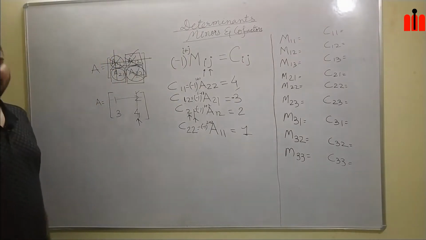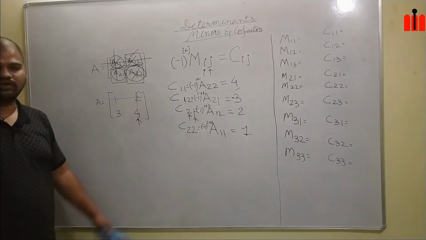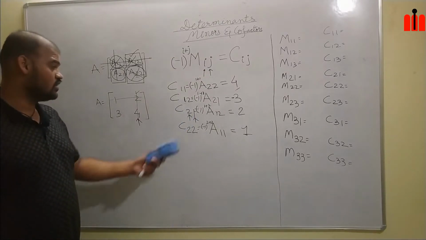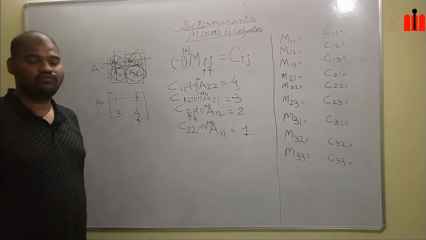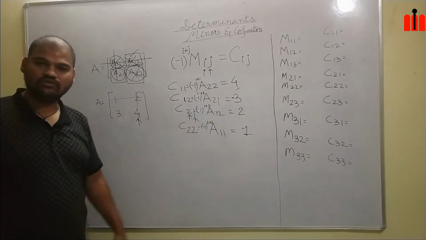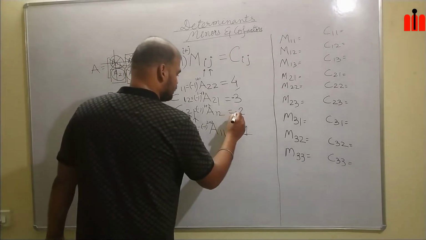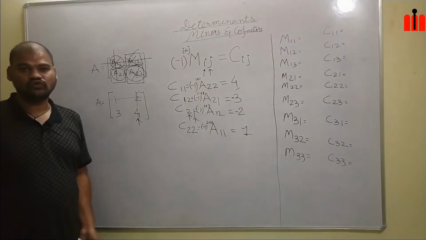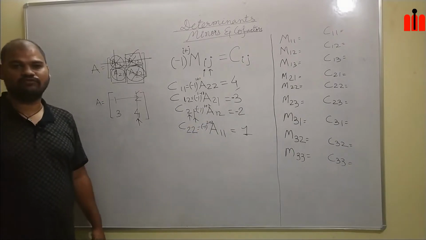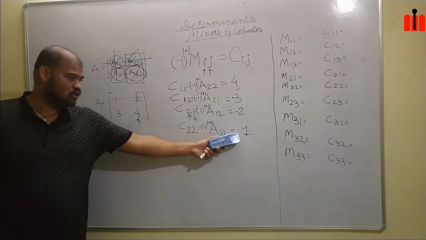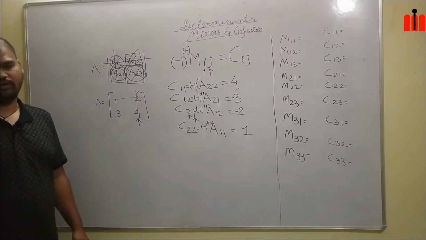So -3 will be the cofactor C12. C21, -1 to the power of 2 plus 1, will be negative. So minus A12, it will be -2 again. And our C22, which is -1 to the power of 2 plus 2, is positive. So it will be 1.